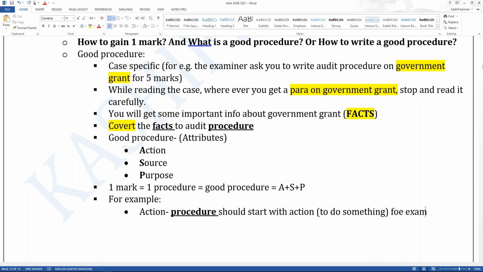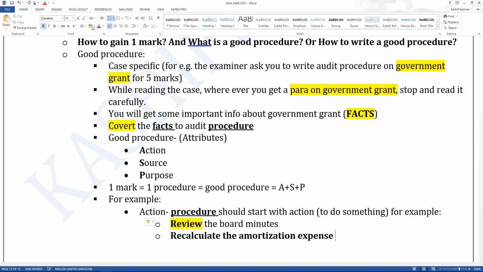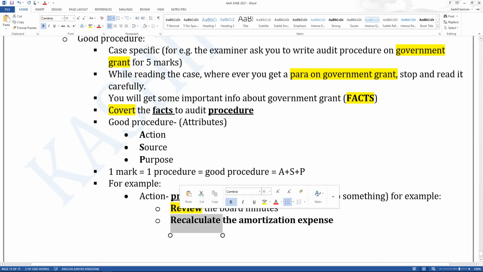For example, I start my procedure: review the board minutes. Have I started my procedure with the action review? Is review an action? Review the board minutes, right? Look at the next one. Recalculate the amortization expense. Have I started my procedure with the action recalculate?